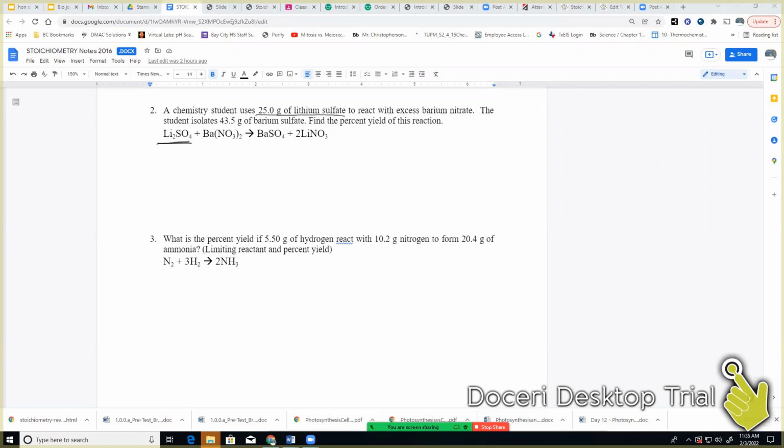So that's one of my reactants to react with excess barium nitrate. Remember, if something is in excess, that's just telling you that it's not going to be a limiting reactant problem. The student isolates 43.5 grams of barium sulfate. So this is my actual. It isolates. That was a word that the note said to look out for.